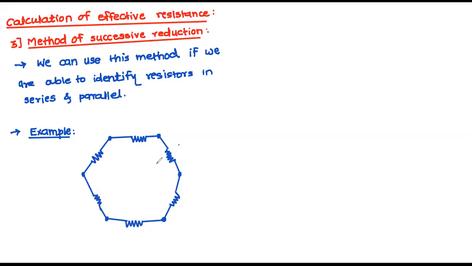Okay, like this resistances are there, and 3 more branches are there. 1, this is second, and this is third one. Like this resistors we have connected.